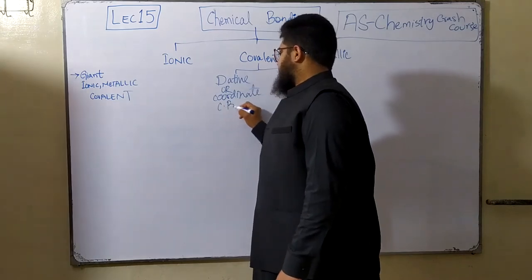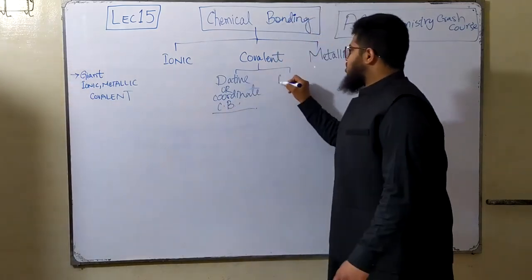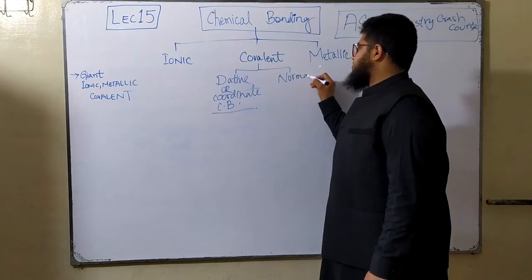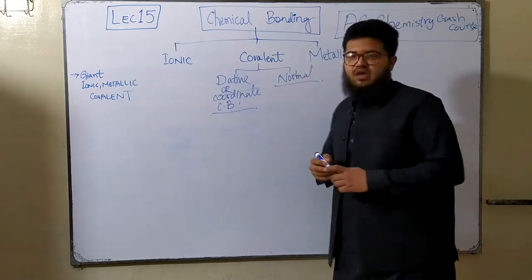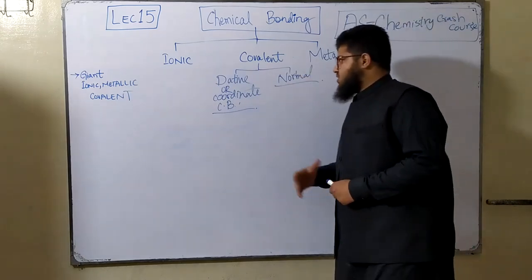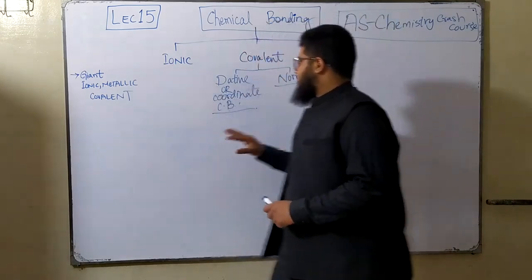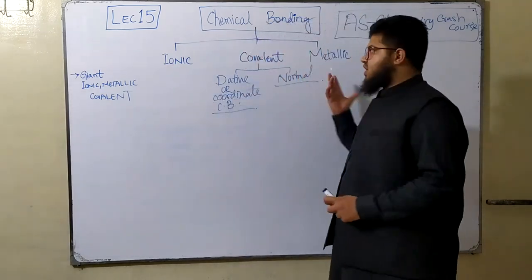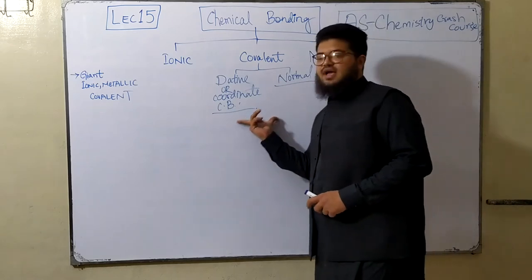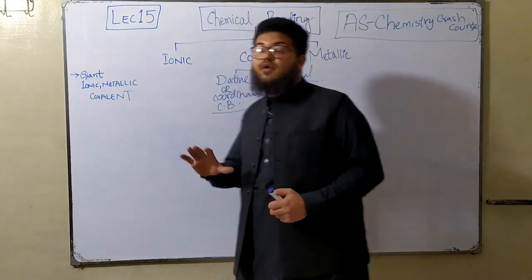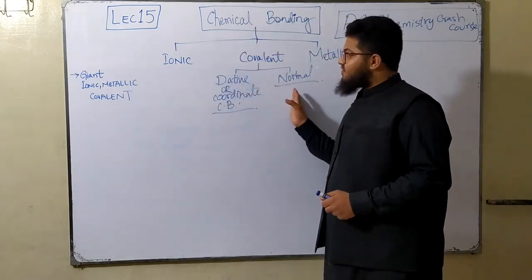And the normal covalent bonds, the traditional covalent bond that you have already done since O levels and in A levels as well. Ionic bonding and metallic bonding are pretty much the same as you did in O levels, but covalent bonding has a bit of extra details that we'll be covering in the later videos when we'll be doing each one of them individually.